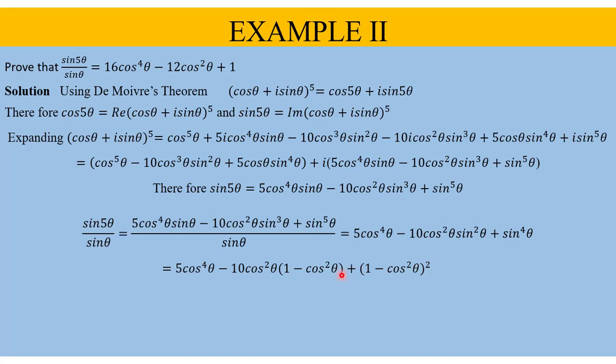So from there we shall open the brackets, which becomes 5 cos power 4 theta minus 10 cos squared theta plus 10 cos power 4 theta plus 1 minus 2 cos squared theta plus cos power 4 theta.